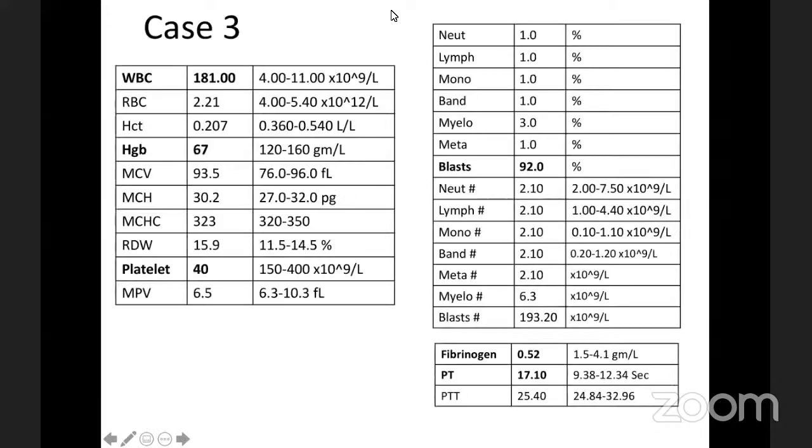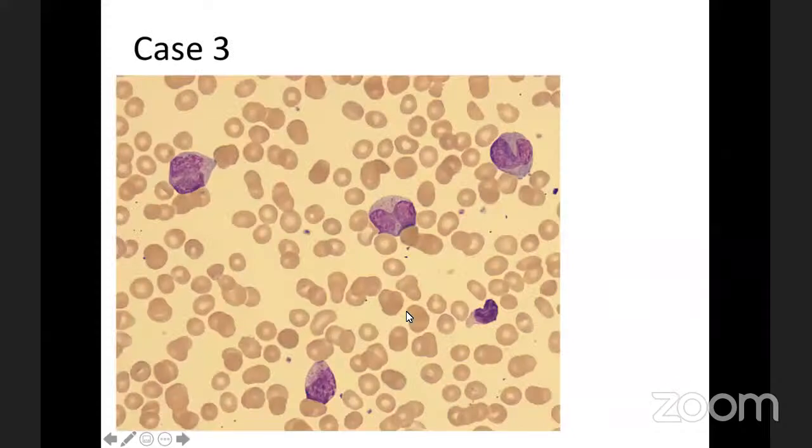What is the most urgent? Exactly. M3. We need to rule out APL, M3, acute promyelocytic leukemia. So you will go with your peripheral blood morphology, and you will find that the patient has those very nice circulating abnormal promyelocytes. However, they look microgranular or hypogranular. And I think Dr. Haytham yesterday explained this very nicely.